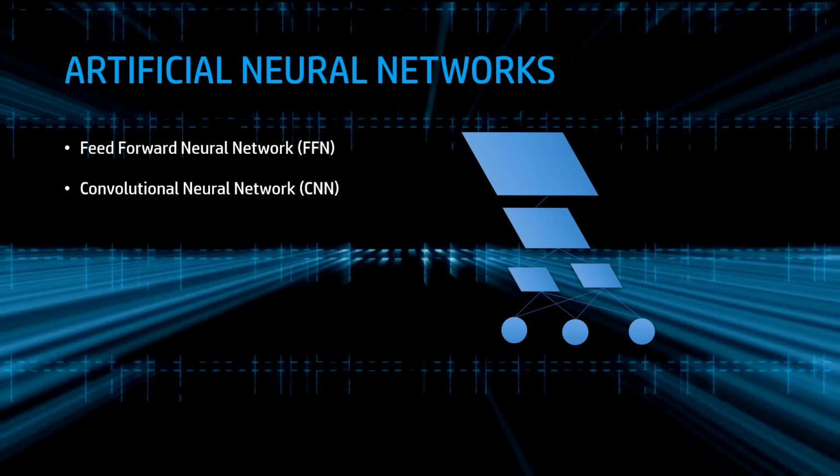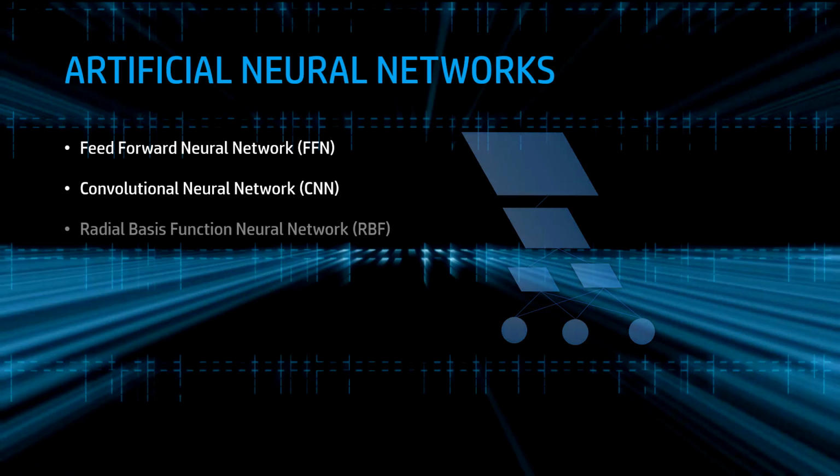This is used, for example, by Google for autonomous driving, which is using these neural networks, and also other networks, and they are widely used for speech recognition and for computer vision, as is the feed-forward neural network. But the feed-forward is simpler than the convolutional.